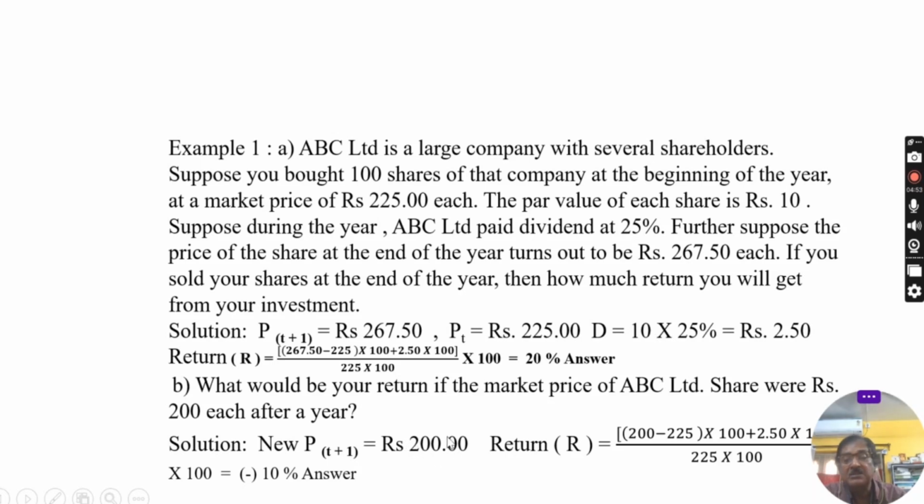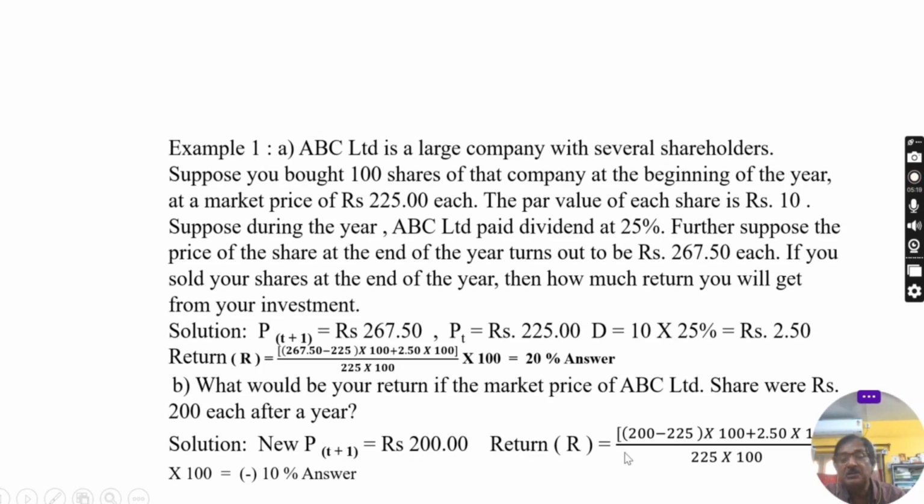Suppose the end price of the share is 200 rupees per share at the end of the period. That means the share price has decreased. Whatever price you purchased at, that is 225, it has decreased to rupees 200 per share.